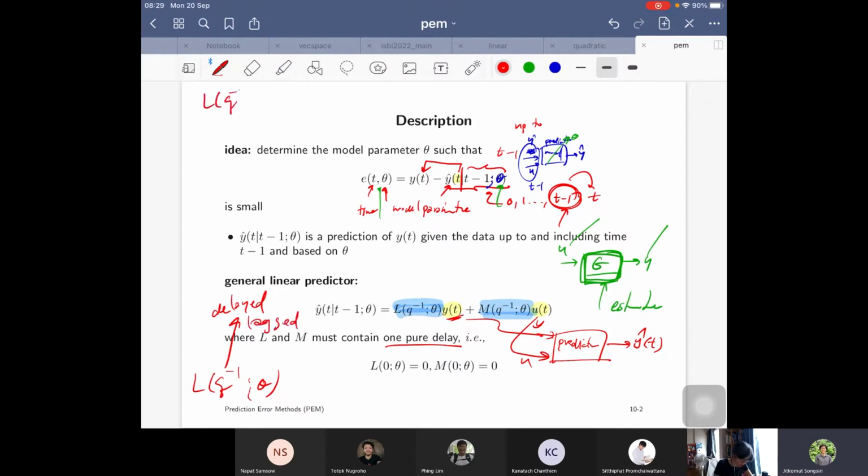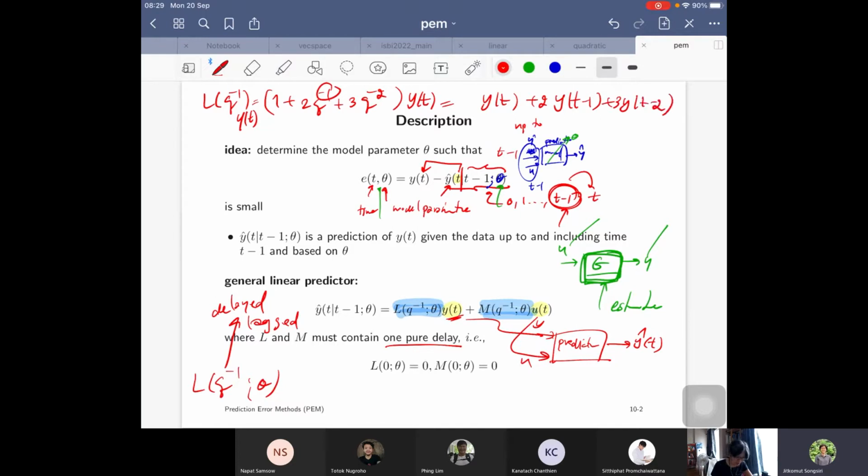For example, if L is given by 1 plus 2q^-1 plus 3q^-2, and you apply this filter on y, that gives you y(t) plus 2y(t minus 1), one lag step, plus 3y(t minus 2).